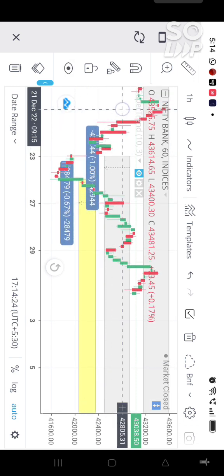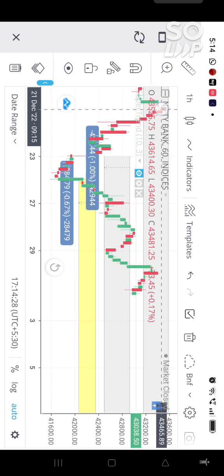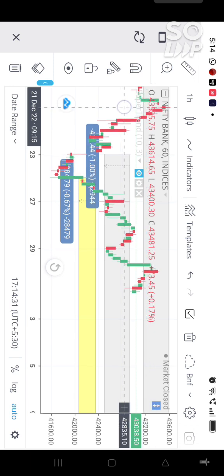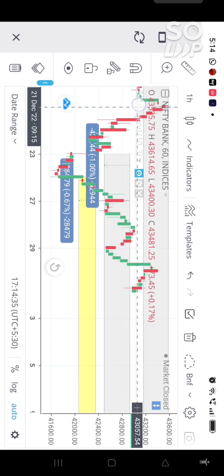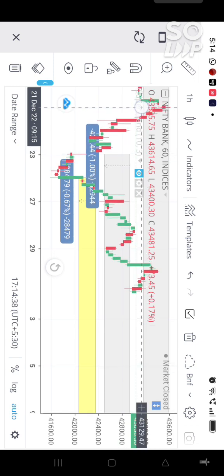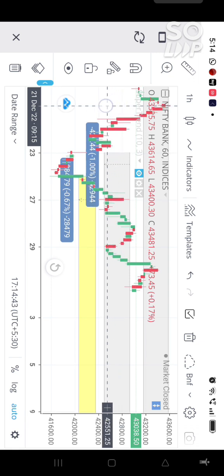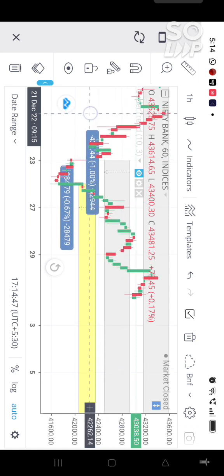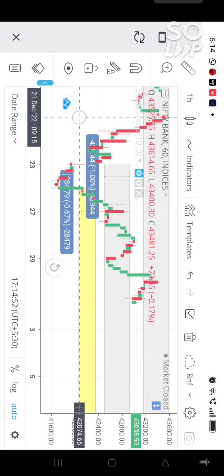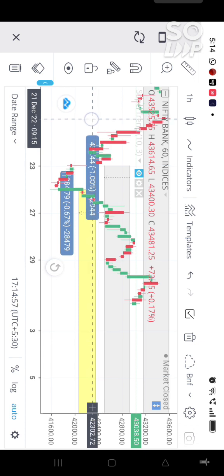So what I am expecting is, because prices are at an all-time high in the monthly chart, and the daily supply zone and daily demand zone are very close to each other, maybe chances are that this daily demand zone will break and prices may drop down till here, somewhere between 42,072 and 42,340.